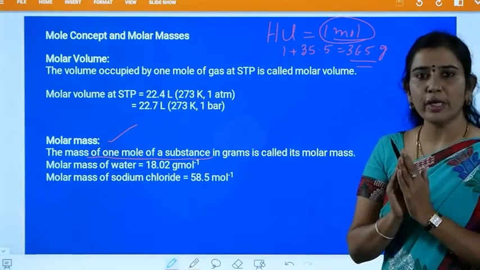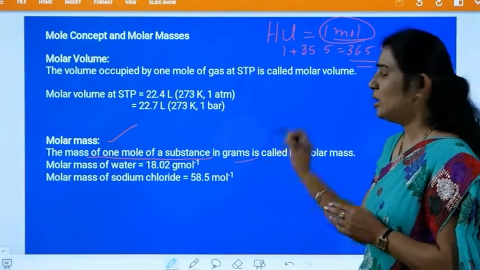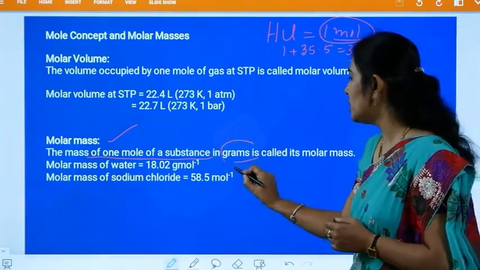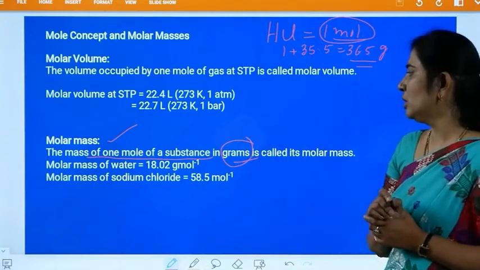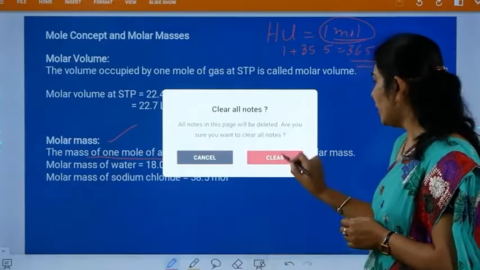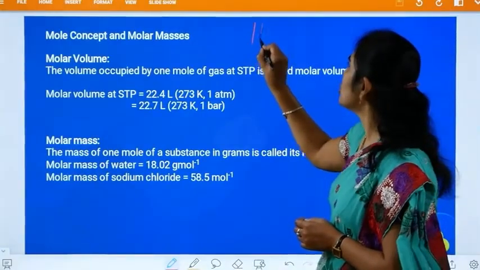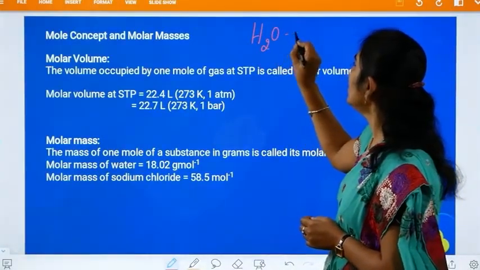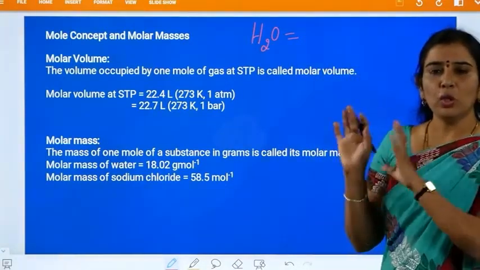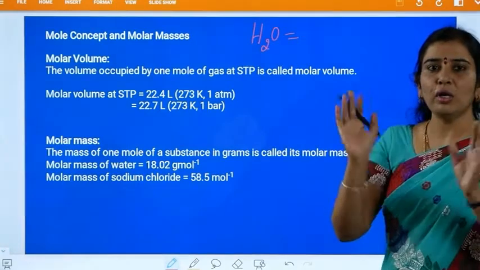Then how do you express it? What is the unit? Grams. Molar mass is always expressed in terms of grams. Now the molar mass of water, for example H2O. This is 1 molecule. So molar mass means the mass of 1 molecule.